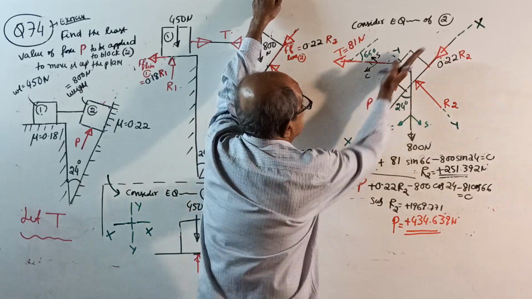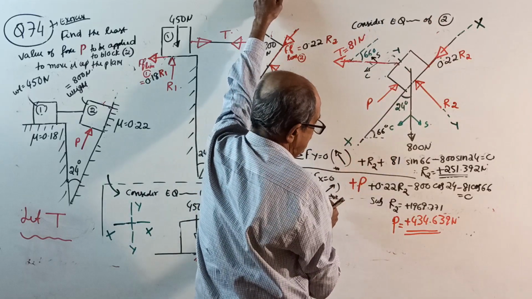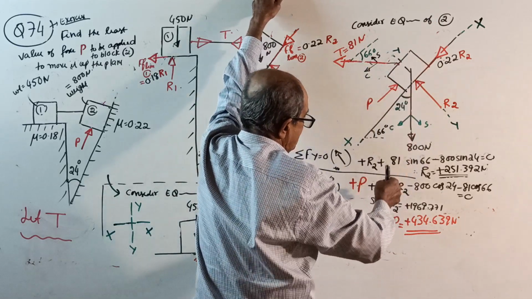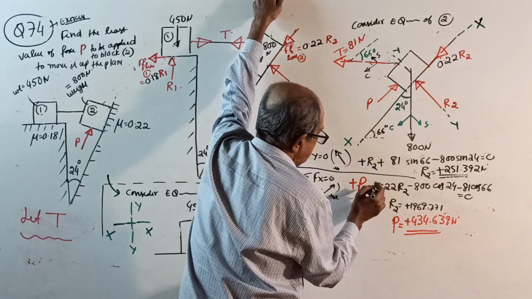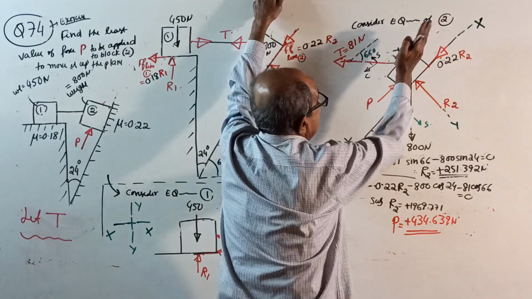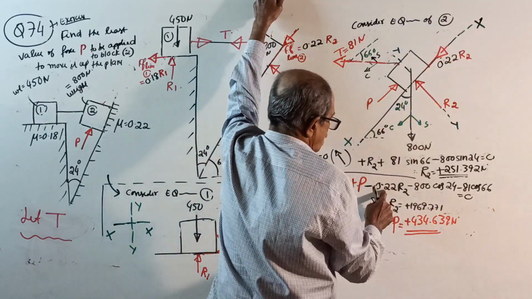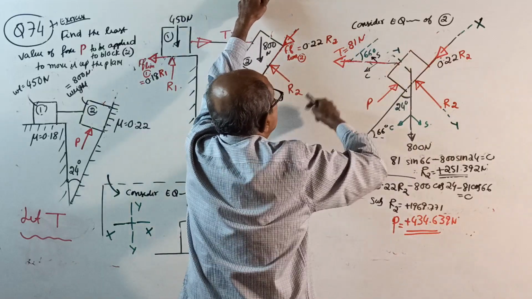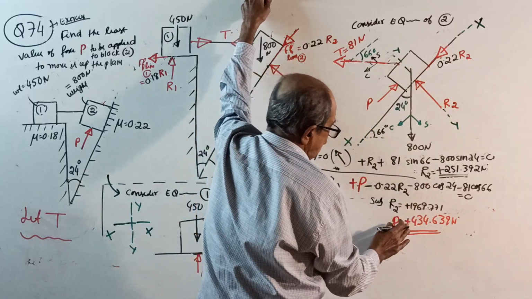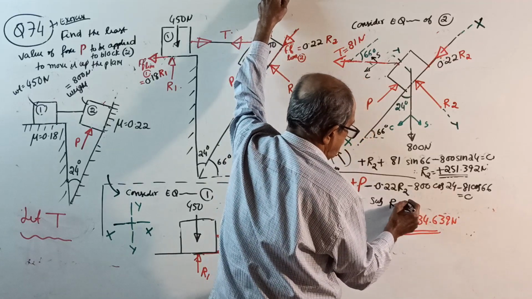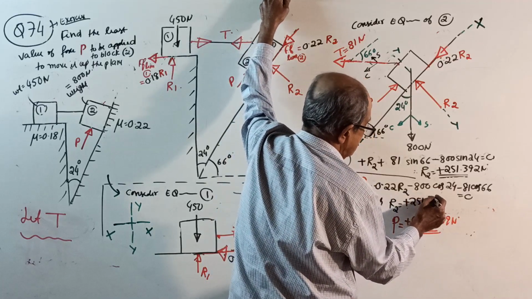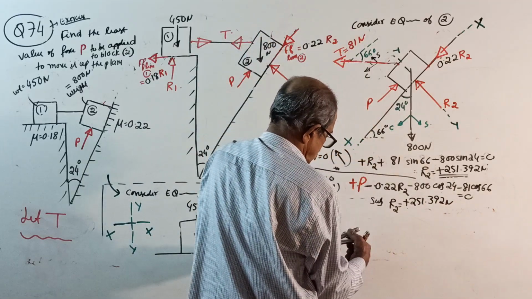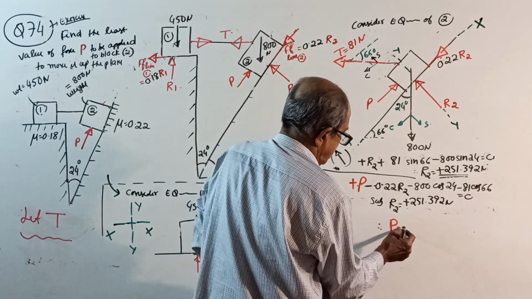See here, plus P, and where is 0.22? Plus P minus 0.22 R2, minus 800 cos 24, then minus 81 sin 66 equal to 0. Substitute R2 equal to plus 251.392 Newton. By chance, if anything is wrong, correct it. Now, technically, no mistake now. You will get the value of P. Therefore, P will come.